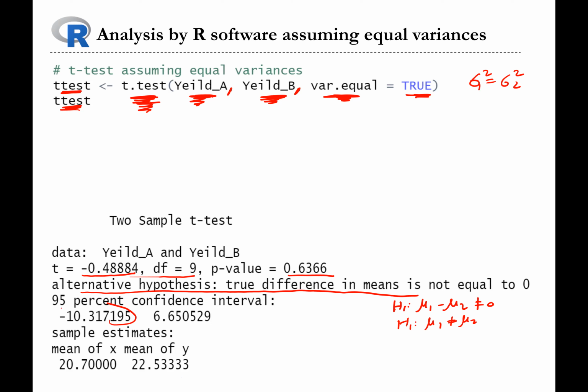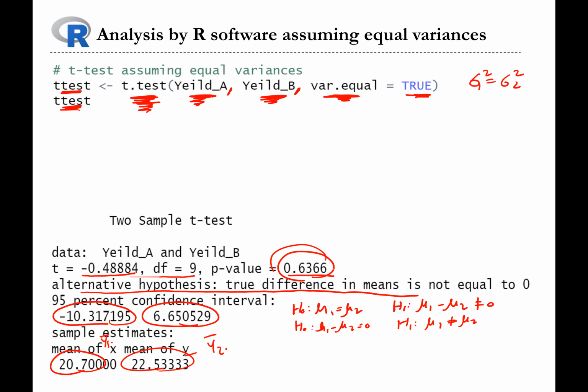And here are the lower limit and the upper limit of the 95% confidence interval, this is y1 dot bar, this is y2 dot bar. This is the output from R. So I can use this p-value to test H0, mu1 equal mu2, or you can write it as mu1 minus mu2 equals 0, versus they are not equal 0.